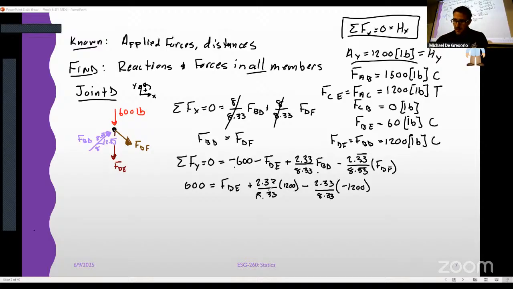Okay, these will be additive. And now when we solve this for FDE, we find that FDE is very strange, but it's 72.5 pounds in tension. And the rest of it is symmetric when we look at it.